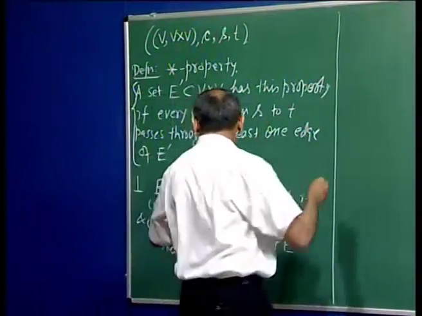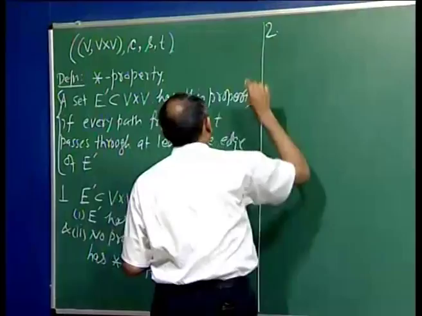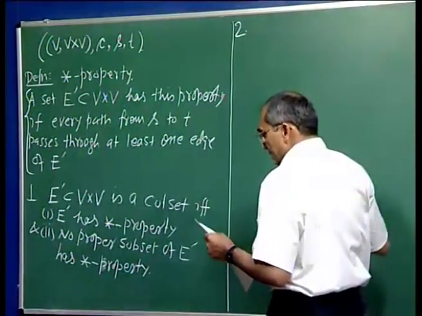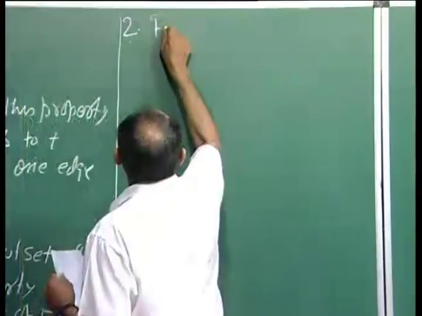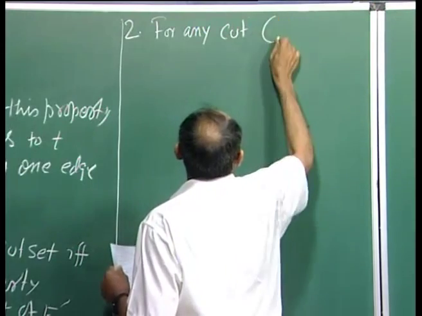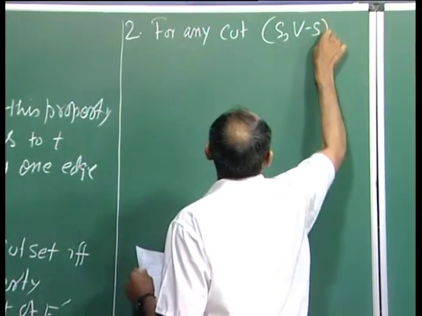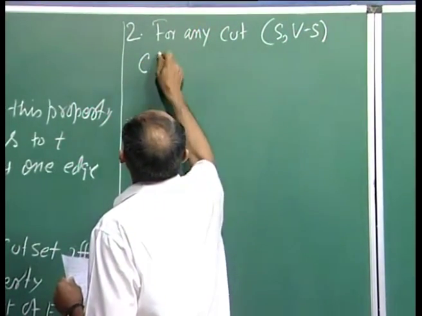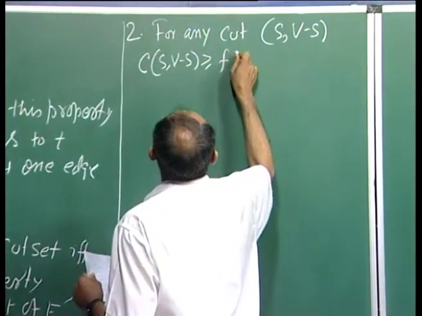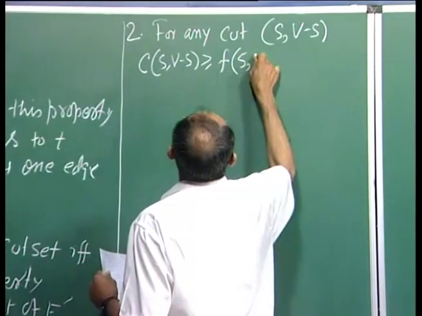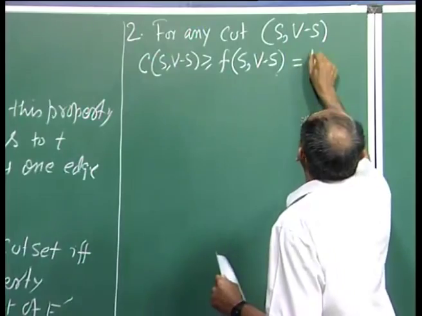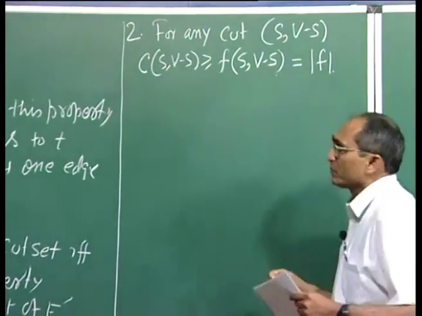The second result that we had shown in the last lecture was that for any cut S comma V minus S, the cut capacity is greater than or equal to the flow from S to V minus S, which is equal to the magnitude of the flow.